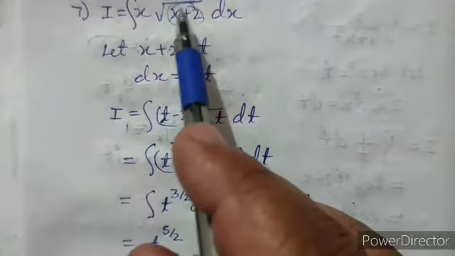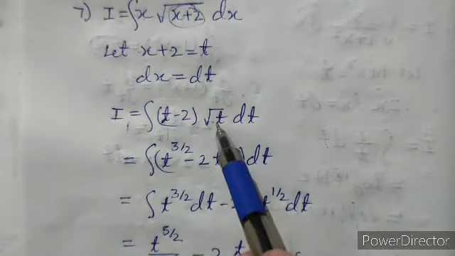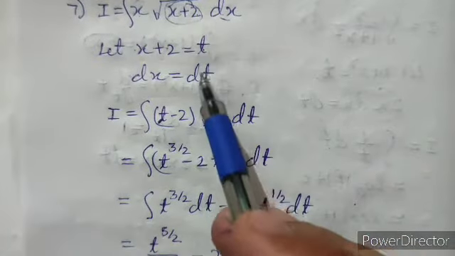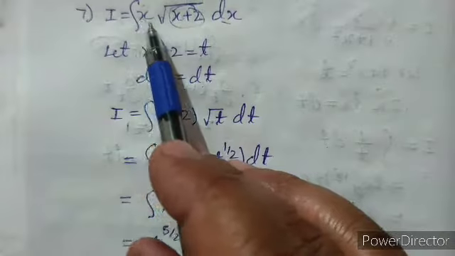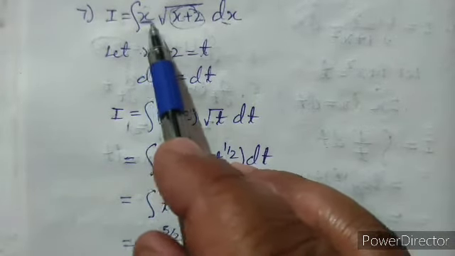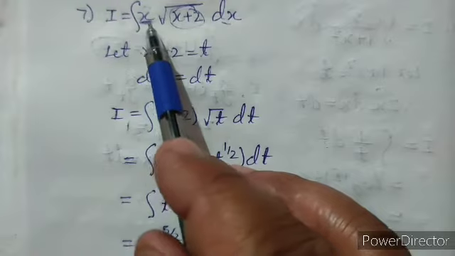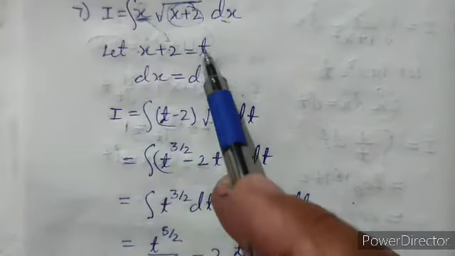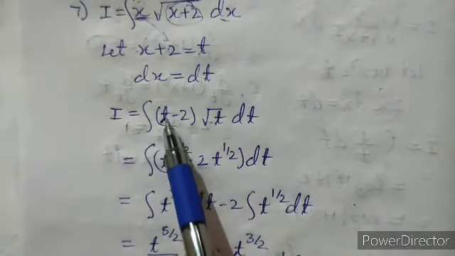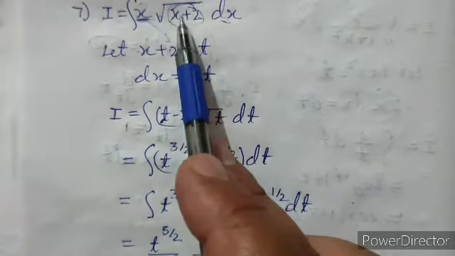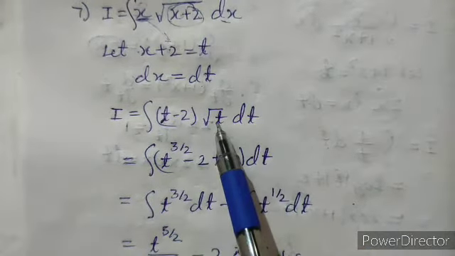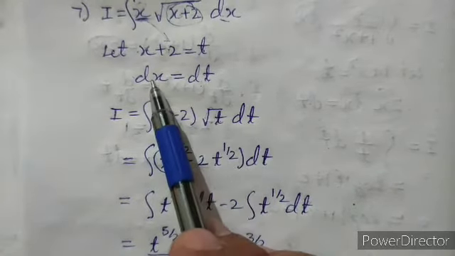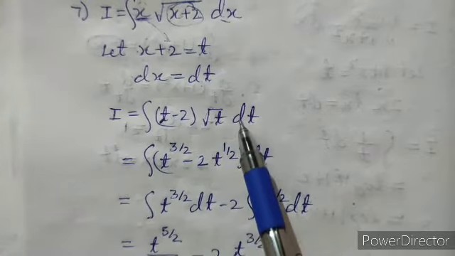Now in place of root x plus 2, we can take root t, and as we are changing the variable from x to t, we will write this x in terms of t. As we have taken x plus 2 equal to t, x can be written as t minus 2. So in place of x we will take t minus 2, root x plus 2 will be root t, and in place of dx we will take dt.